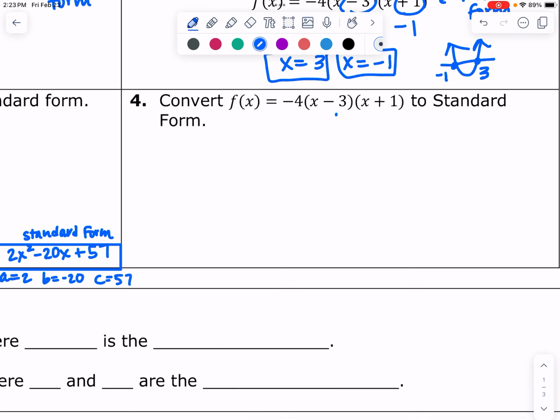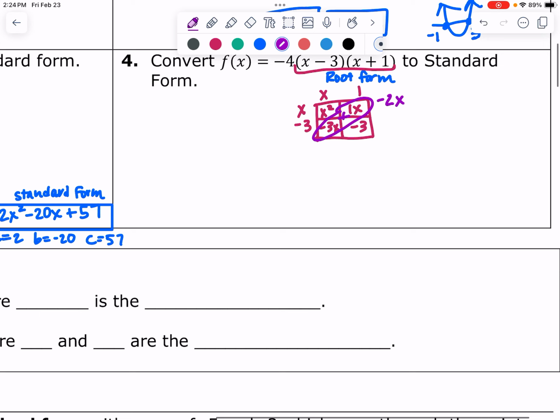Here we're starting with root form. And so I start by making the box for our two binomials, (x minus 3) times (x plus 1). Gives me x squared, 1x, -3x, -3. Our like terms, -3 plus 1 is -2. And so the result of the box is x squared minus 2x minus 3.